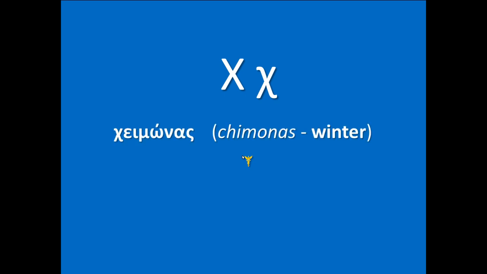After comes the chi. It looks like the letter X, but it's not. X is chi and is pronounced. With this letter starts the word himonas.